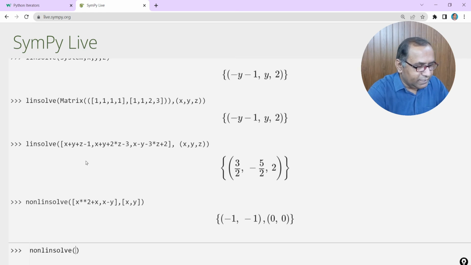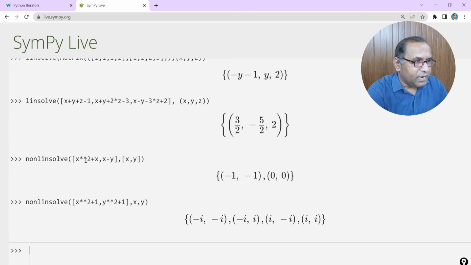The system of equations is x square plus 1 comma y square plus 1, and we want to solve the system of equations for x and y. So this is the solution for these two equations, and the solutions are in complex pair form.